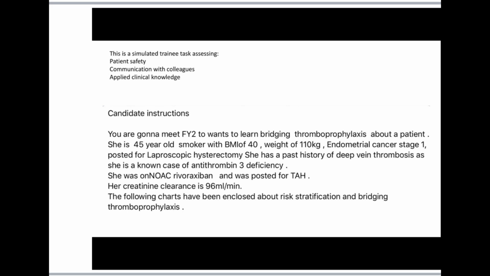So if I'm on warfarin and planned for a surgery on Monday, I should stop my warfarin at least 5 to 6 days before my surgery. And I have to start another short-acting anticoagulant after 3 days from stopping my warfarin to keep me protected all the time.